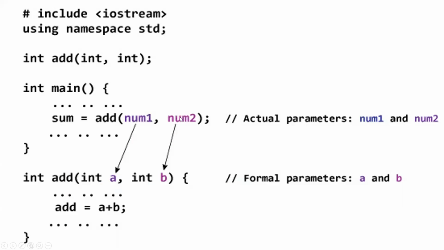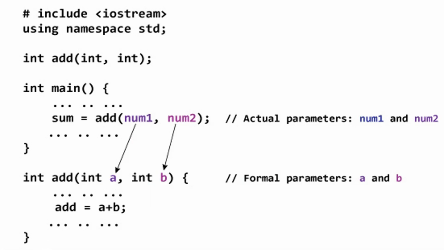These are the values that are being passed on to the definition of the function in A and B. So these values which are passed on are called actual parameters, and where they pass on to the definition of the function, that is called a formal parameter. So num1, num2 are called actual parameters, and A and B will be called formal parameters.